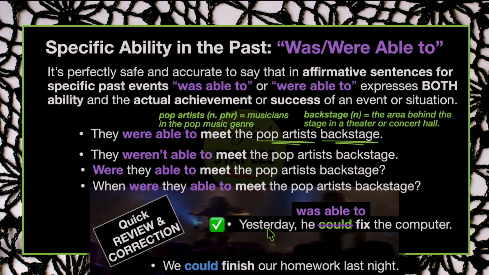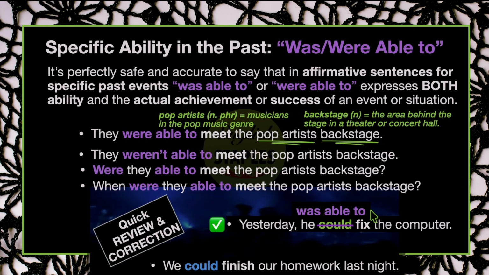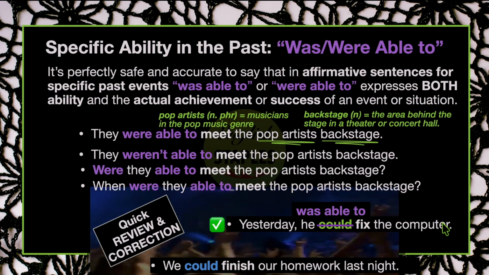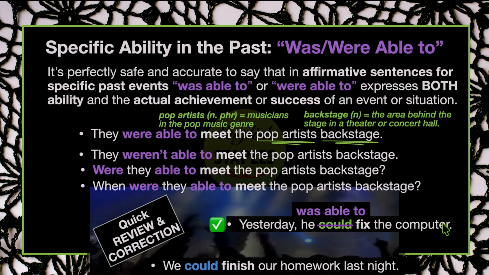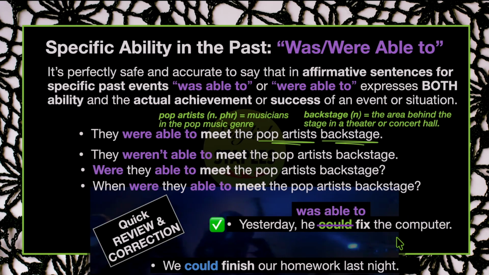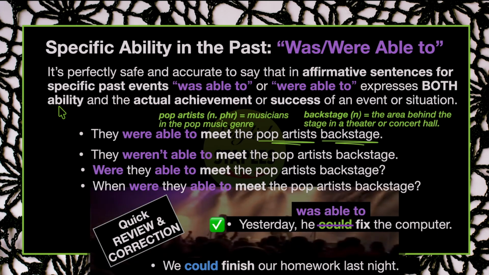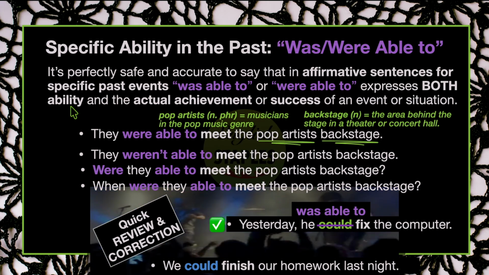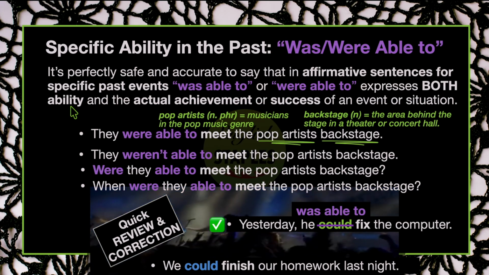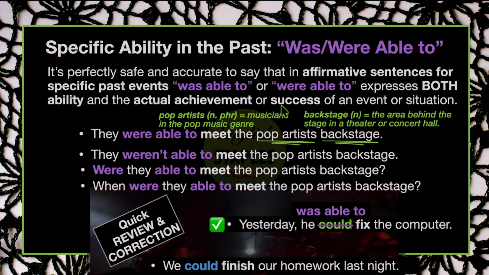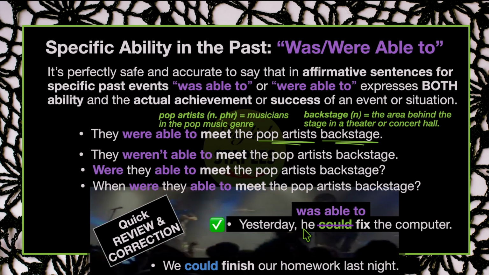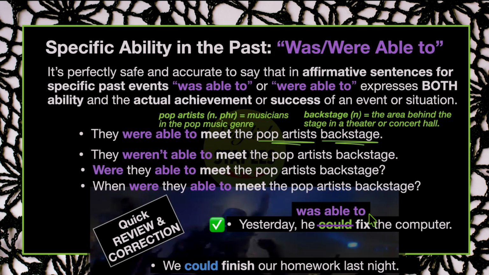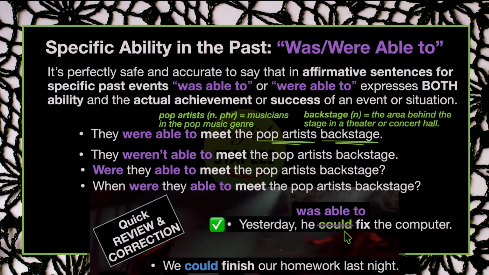So it's going to be yesterday he was able to fix the computer. Perfect. Was able to shows both the ability, he had the tools or he had the time, and he actually fixed the computer. He was able to is a perfect phrase to use in this case.